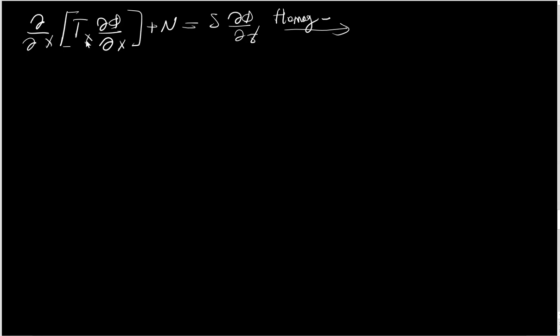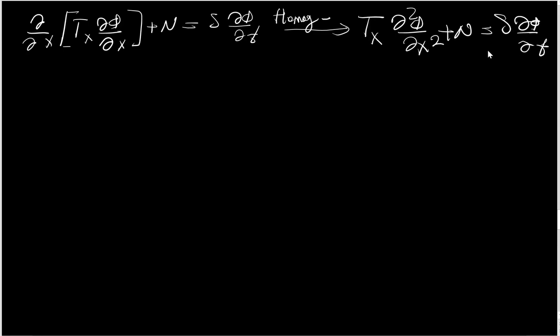It means that the Tx does not change with x. It is a constant value in the entire space domain. Technically, we can take this out and look at it as Tx, the second derivative of phi, x squared plus N is S partial phi partial t.